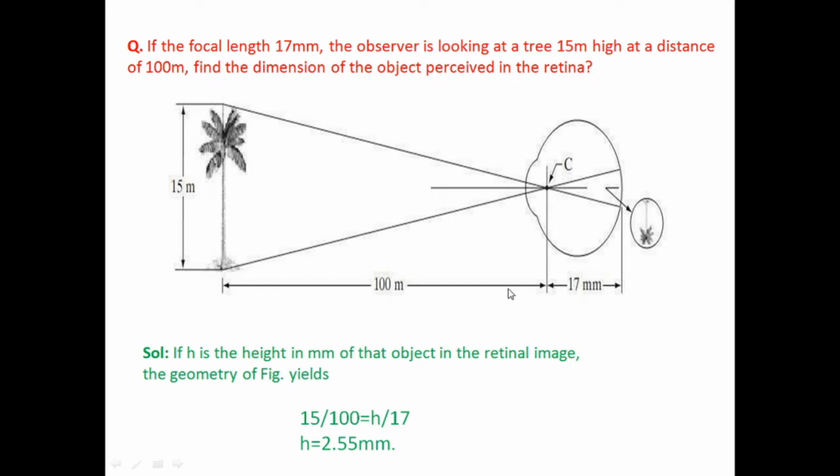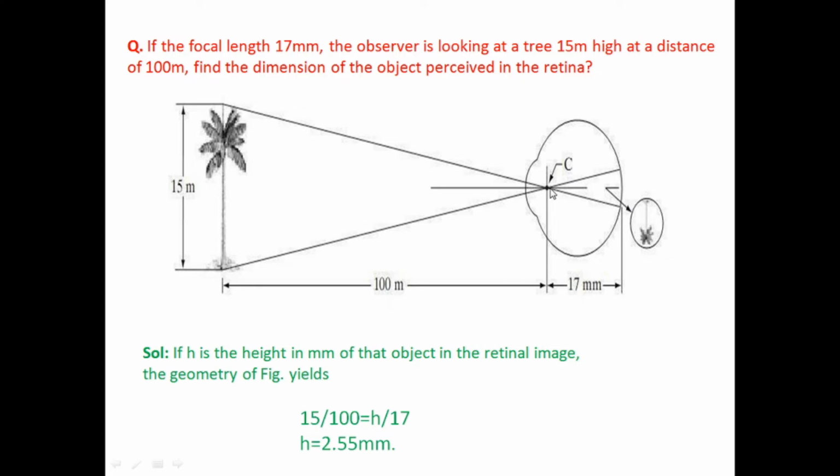So this is my human eye, and of course here I will have an inverted image. Find the dimension of the object perceived in the retina. So this is my retina plane, and in the retina plane I will have an inverted image.